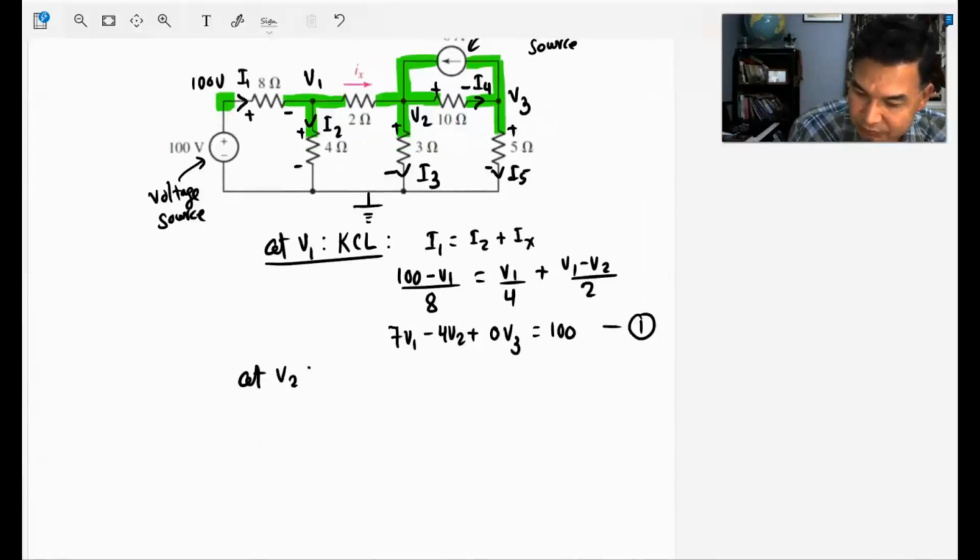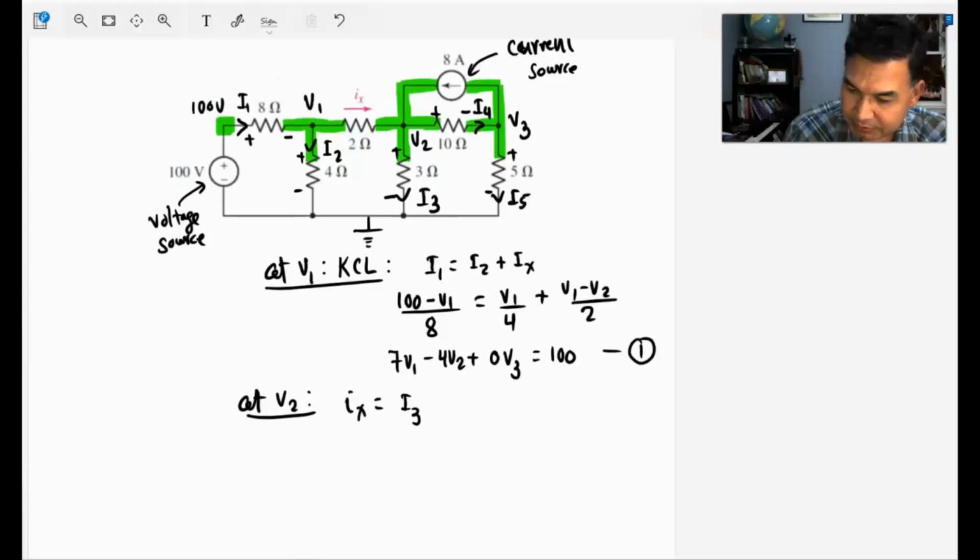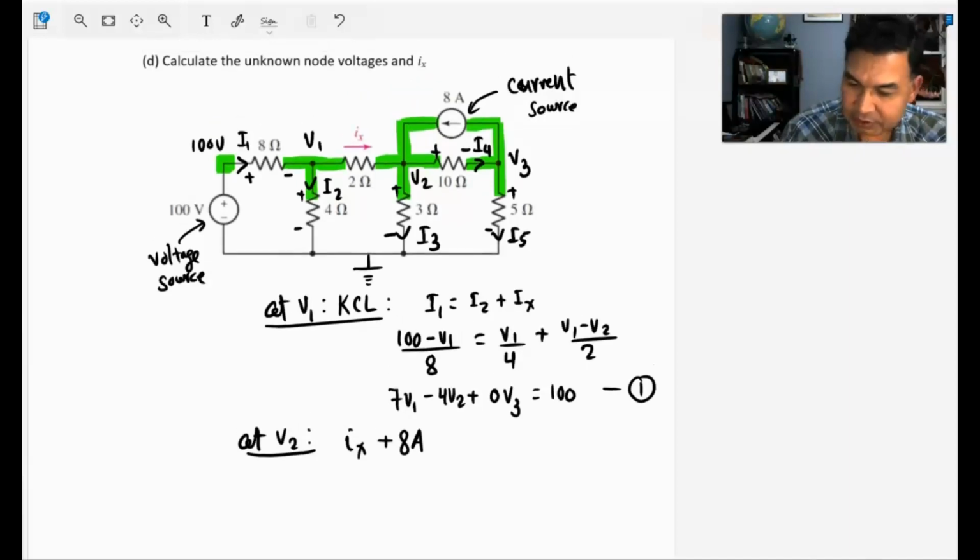At V2, what is the KCL? Ix is coming in, plus 8 amps is coming in because of this current source, and I3 and I4 are going out of the junction.